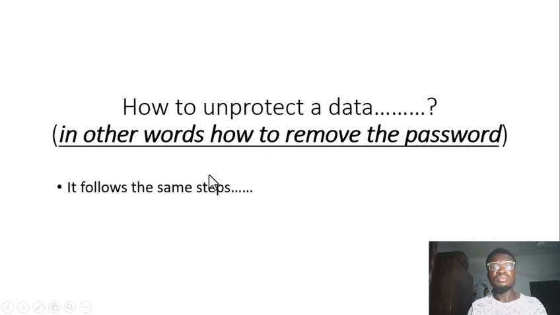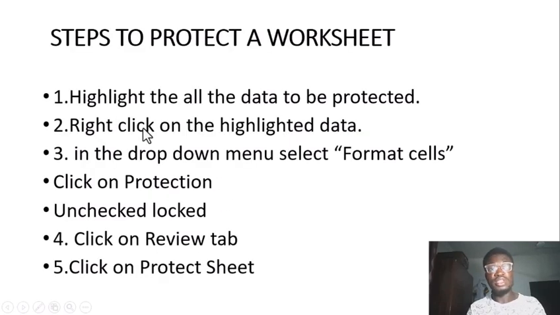So that's our first practical. Now, how to unprotect the data itself, in other words, how to remove the password. It follows the same steps. First and foremost, you highlight the kind of data you want to protect.